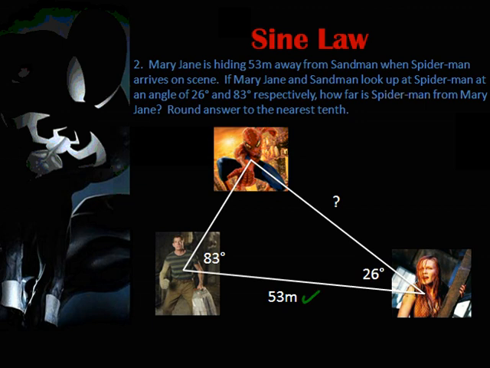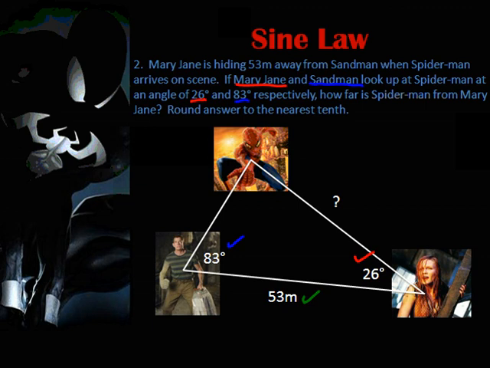When Spider-Man arrives on the scene, Mary Jane and Sandman look up at Spider-Man at an angle of 26 degrees and 83 degrees respectively. Remember that respectively means when we mention the first person, that's the first angle, and when we mention the second person, that's the second angle. So how far is Spider-Man from Mary Jane?